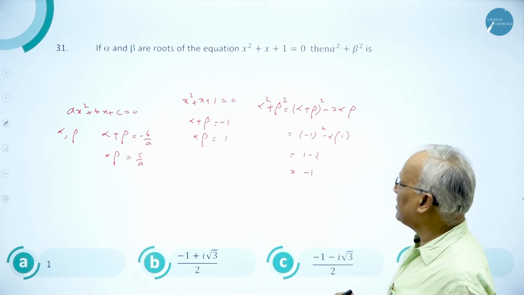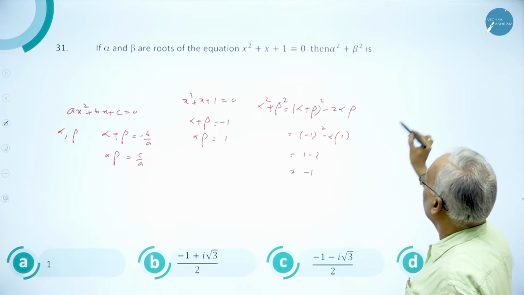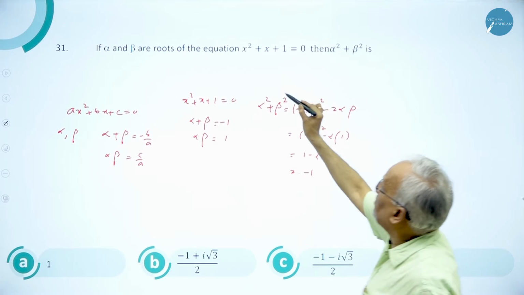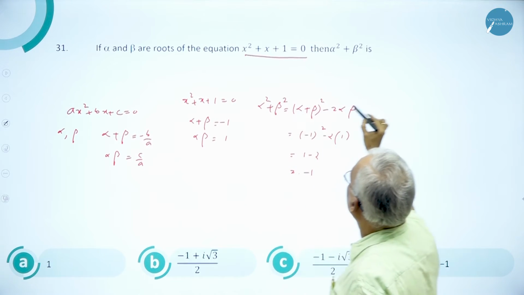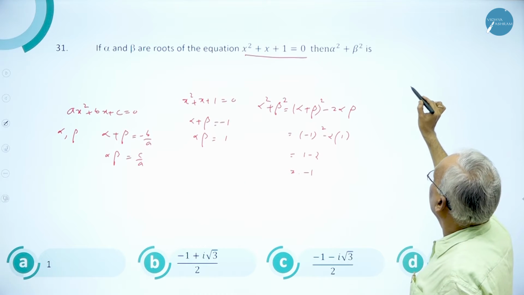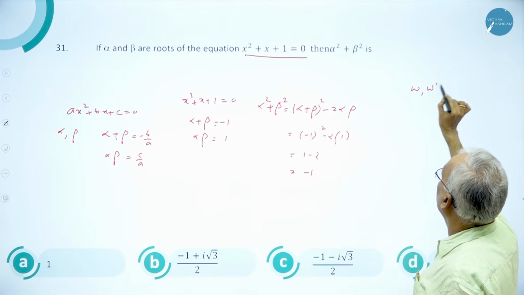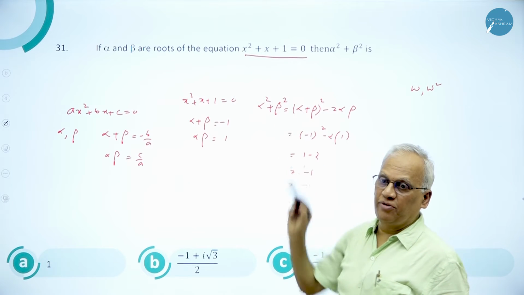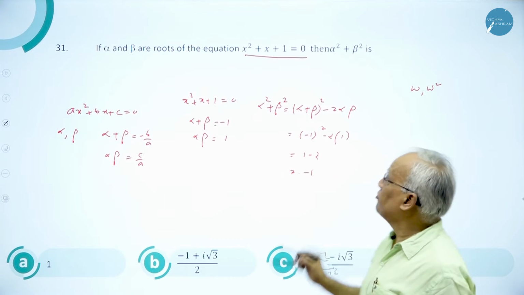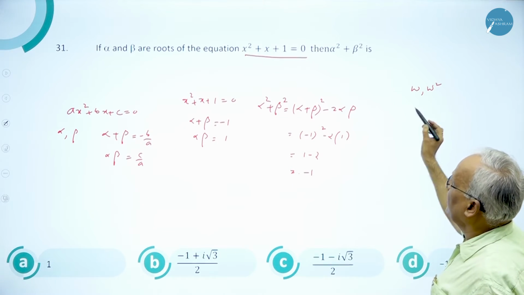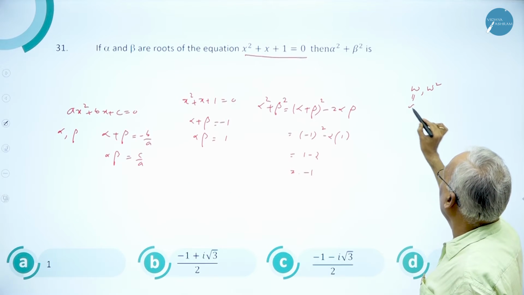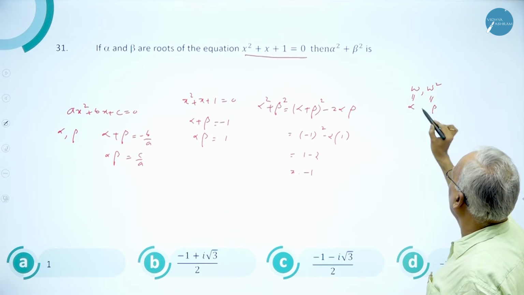But I have another interesting method. You know that x squared plus x plus 1 equal to 0 has two roots, omega and omega squared. So they are imaginary roots of cube roots of unity. So if you know that omega and omega squared, then alpha is omega and beta is omega squared if you take.